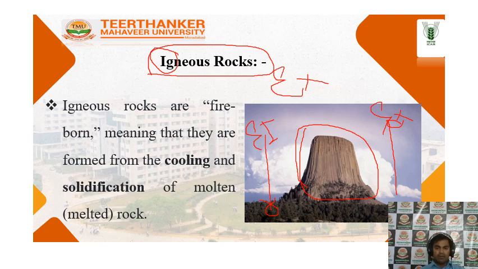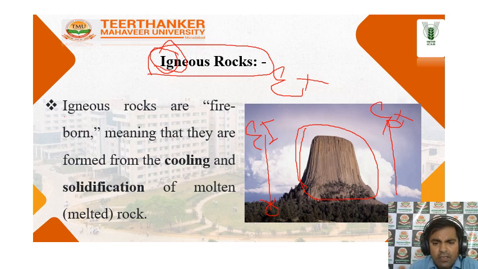Just after cooling and crystallization of that magma, some amount of heat is still present in the igneous rock. That is why it is named igneous, meaning a hot rock. In comparison to sedimentary and metamorphic rocks, it has more heat, so that is why it is known as igneous rocks.